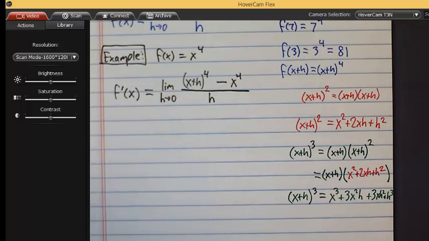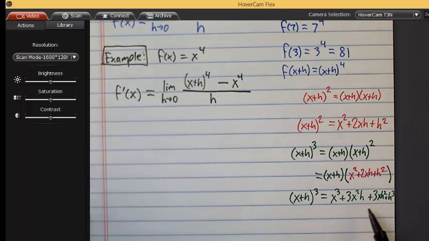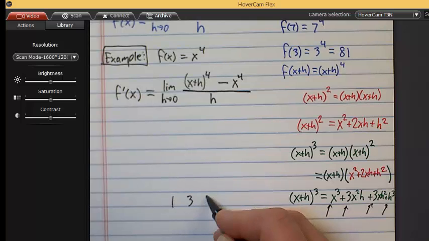So I want to show you the easy way. What you can do is look at a pattern of coefficients. Let me show you what I mean. I'm looking at the numbers in front, and I'm seeing 1, 3, 3, and 1.